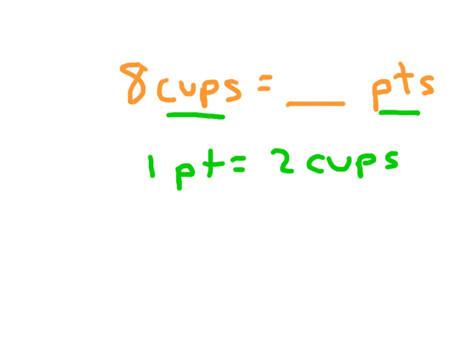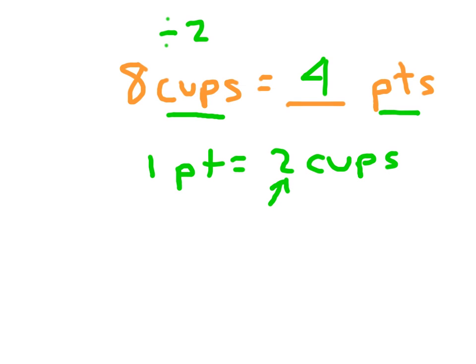And when you go from something smaller to something bigger, you divide. So in this case, I'm going to divide by 2 to get the number of pints. So I'll go 8 divided by 2. 8 divided by 2 is 4 pints.